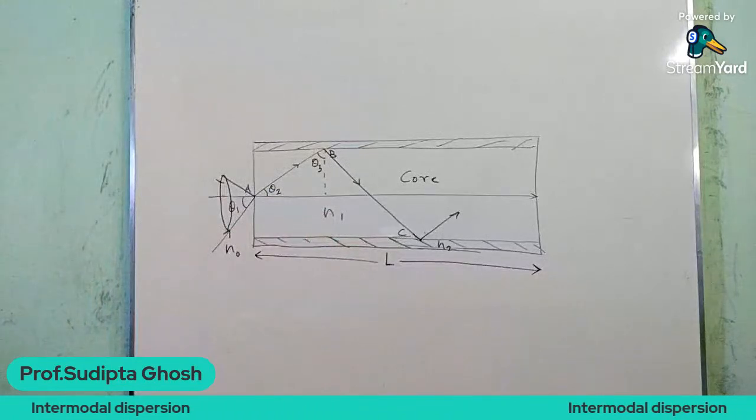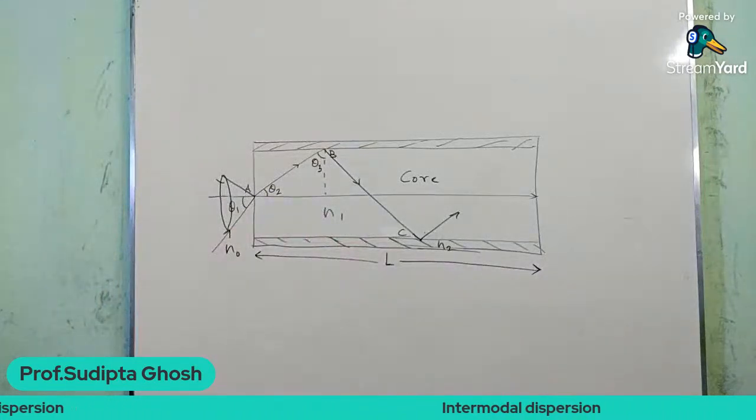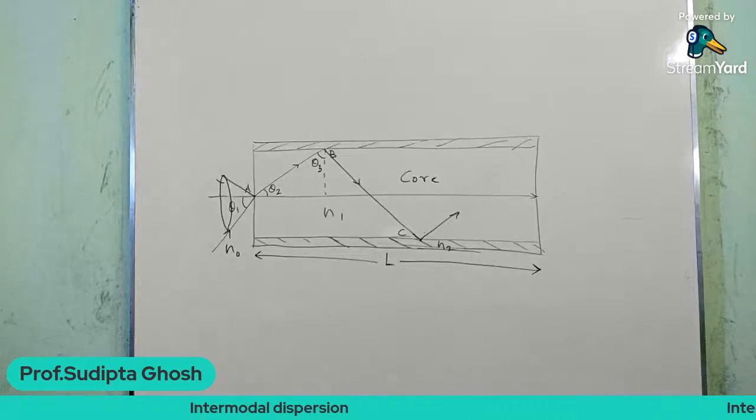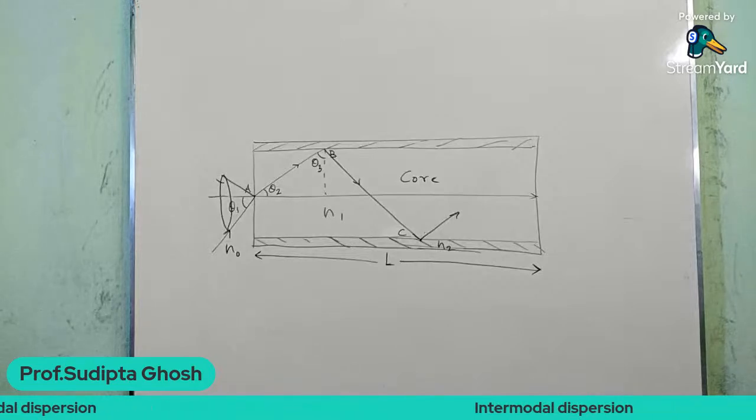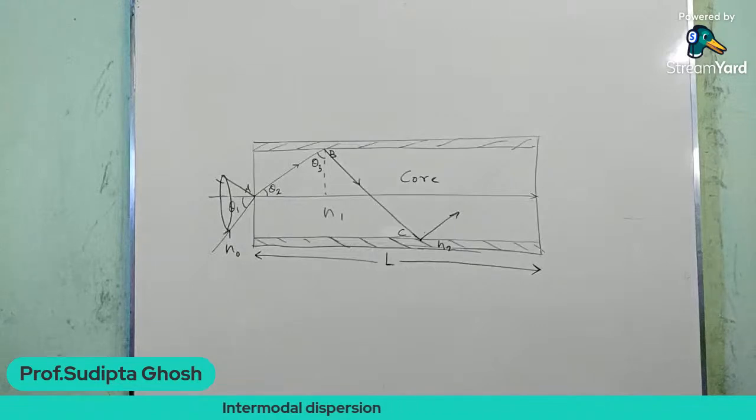So let's say the length of the fiber is L. Now, depending on the launch angle, there can be a large number of different zigzag paths along which light energy can travel down the fiber.